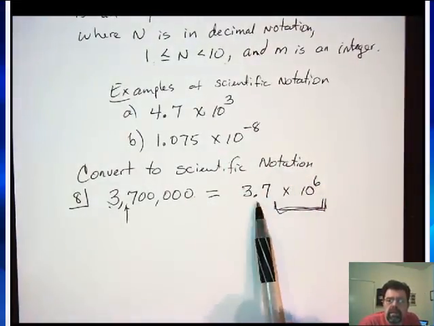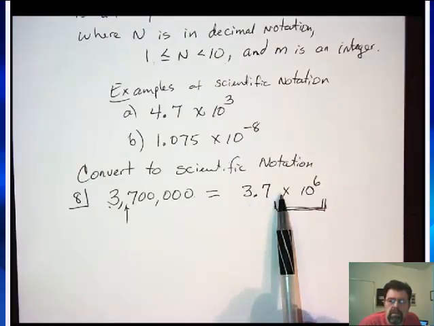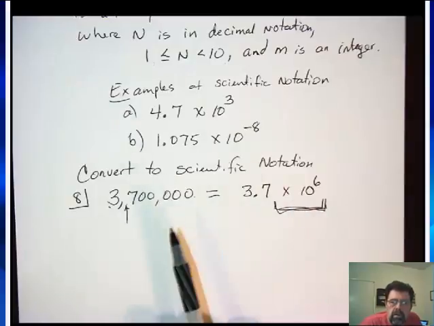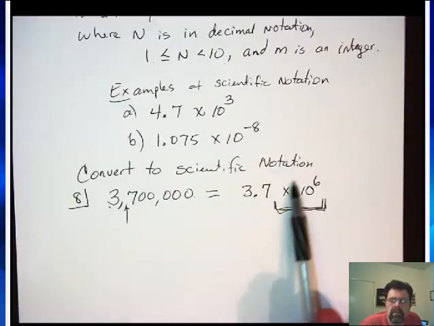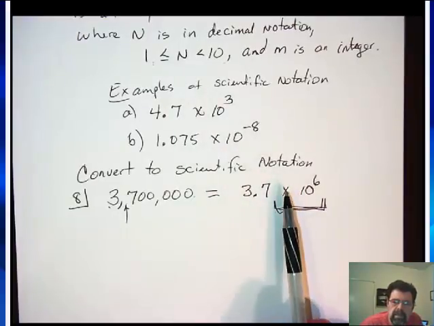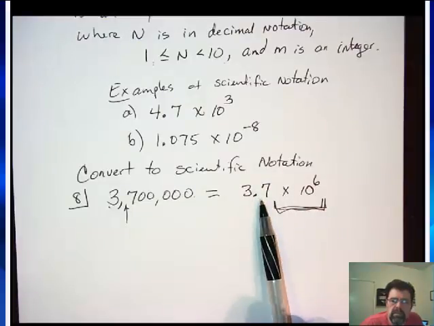So if I times this by 10, it moves the decimal place one place to the right. 100, 2 places. So when you're thinking, is this going to be a positive or negative number, I always think from the perspective of this number here, times 10 to the 6 is going to make 3.7 a bigger number, so that's going to move it to the right.